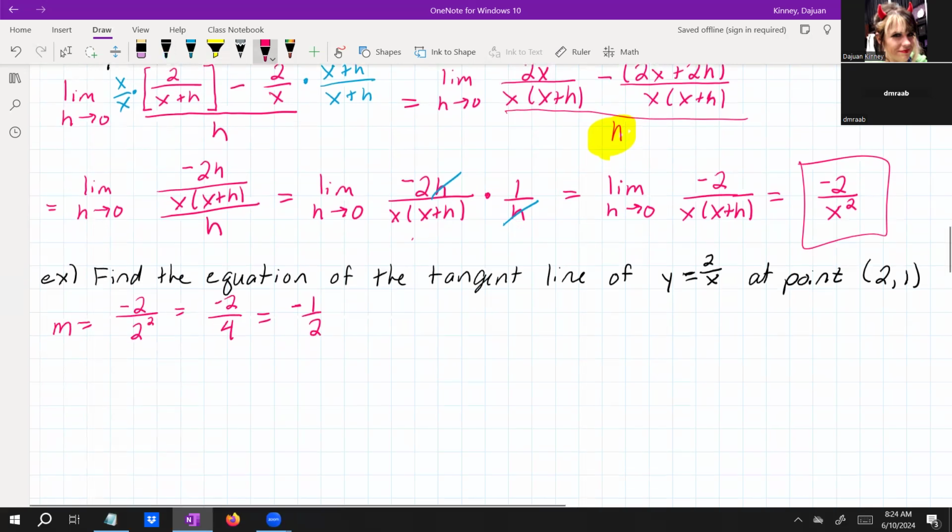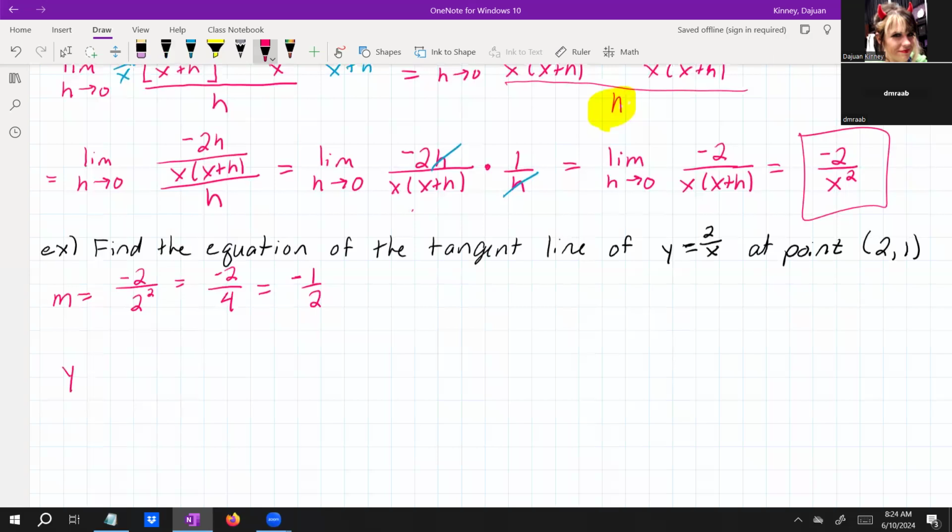Cool, almost there. Y minus my y1, I take my original point, which is 1, equals my slope, -1/2, times x minus my original x value, which is 2. Little side work on the fraction.